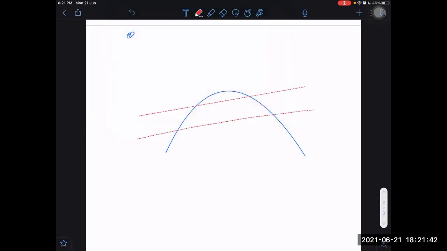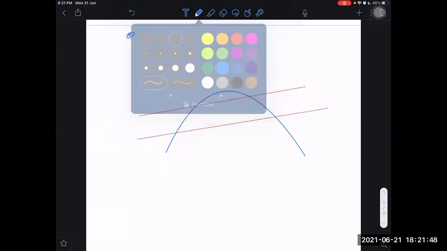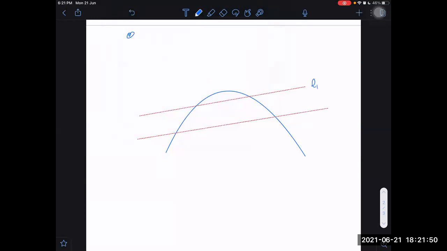Take any two lines and name them line 1, line 2. The time taken to go from line 1 to line 2, and the time taken to come back from line 2 to line 1, will be the same.